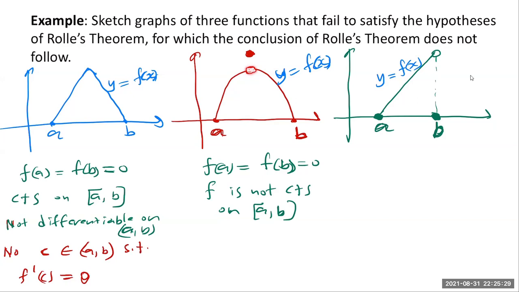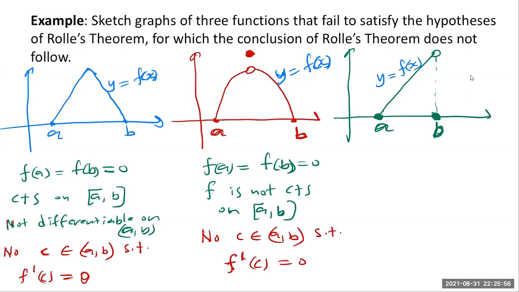Okay, it's not differentiable, so you cannot find the value c such that f prime of c is equal to 0. No c in the open interval a comma b such that f prime of c is equal to 0.